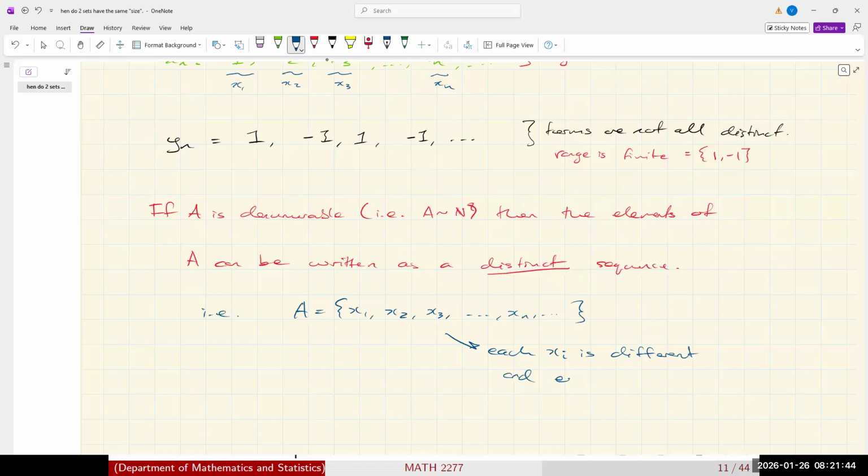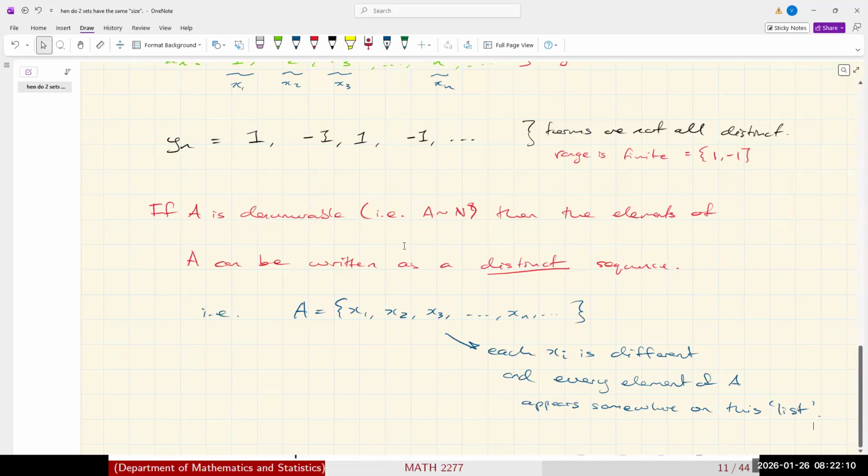And every element of A appears somewhere on this list. Okay, so that's the idea of sequences with respect to denumerable sets.